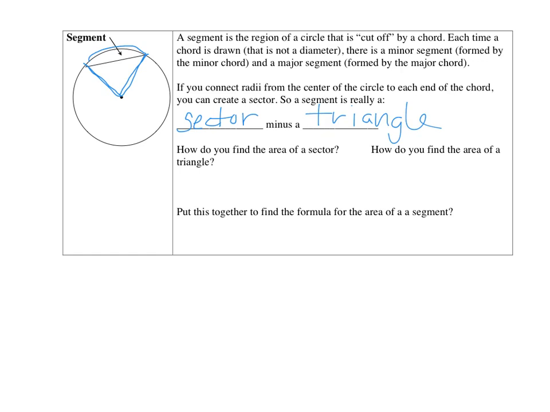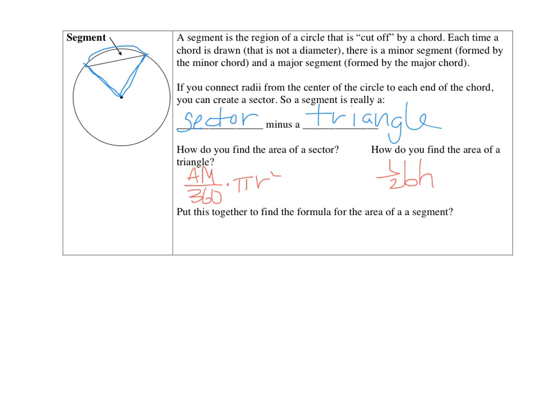Okay, so let's put this all together and we're going to make a formula. How do you find the area of a sector? Well, see if you can remember this from the last part. It's arc measure over 360 times pi r squared, or area of a circle. How do you find the area of a triangle? Well, that's just 1/2 base times height. So we're going to put that together as our formula.